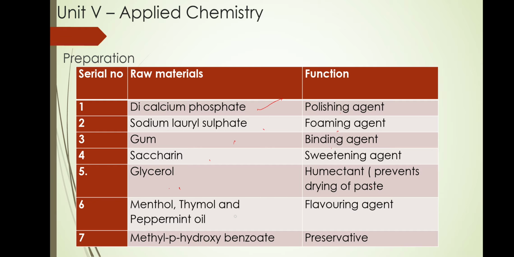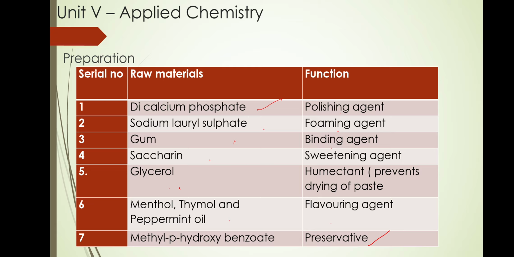Then menthol, thymol and peppermint oil are flavoring agents. Then methyl para hydroxybenzoate is a preservative. The main ingredients are similar to those in tooth powder, because they have the same function, but this is in a different form. That is the only difference.